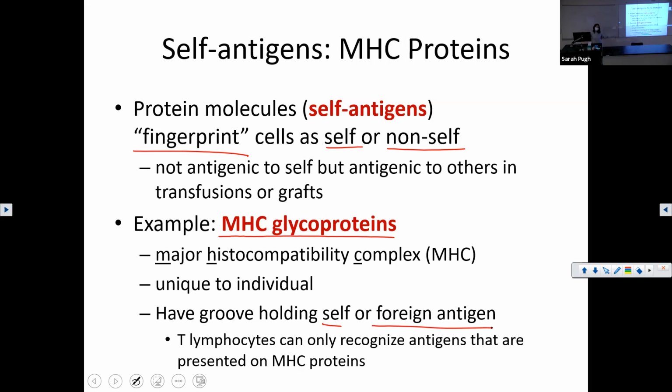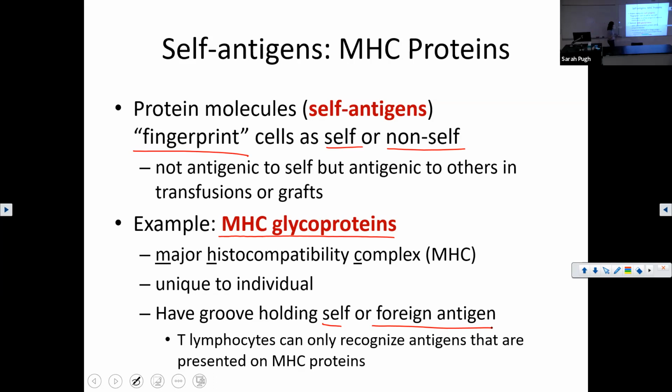So remember how I told you that B cells and T cells, even though they're both part of our adaptive defenses, B cells make antibodies that fight off free-floating foreign organisms. T cells fight off body cells that don't belong, body cells that have been affected. How does a T cell know what body cell doesn't belong?